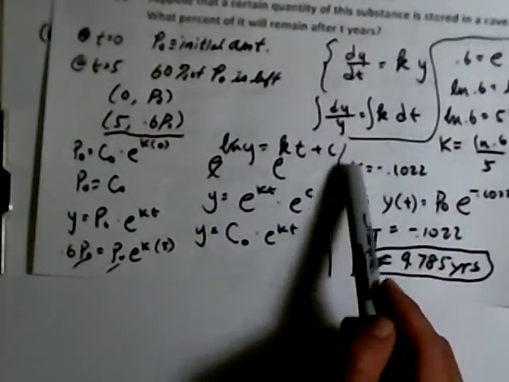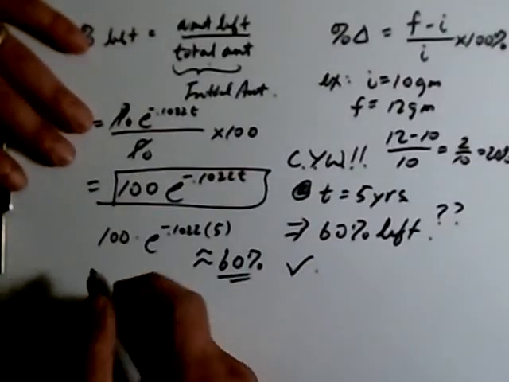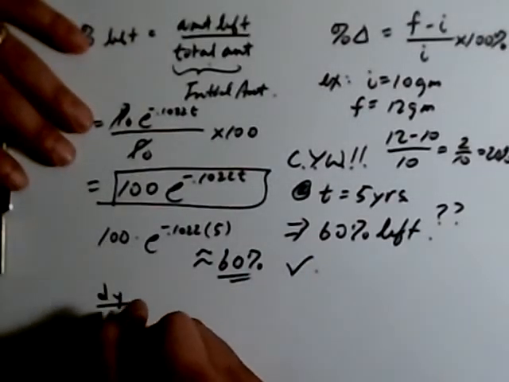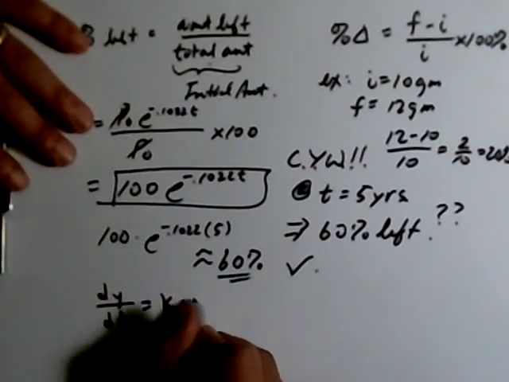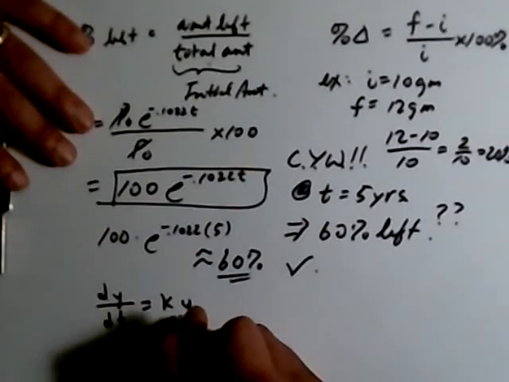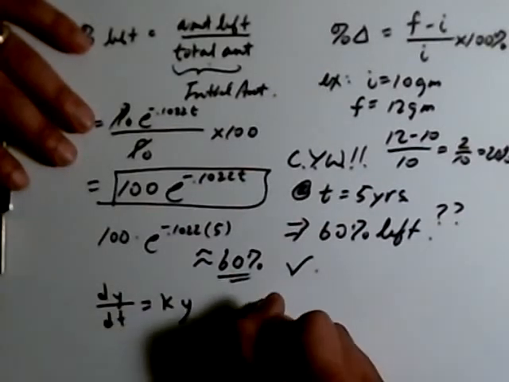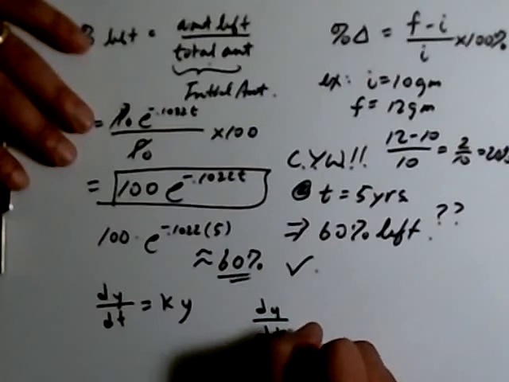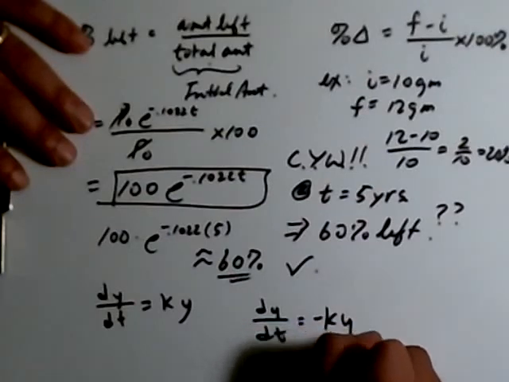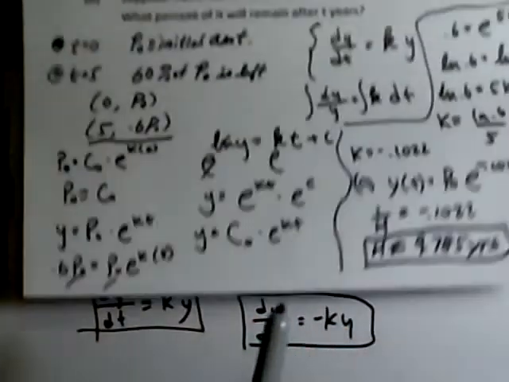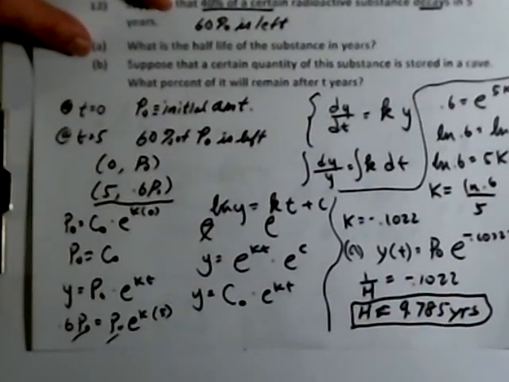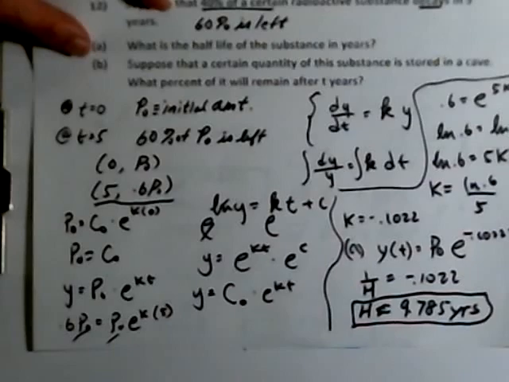So it really doesn't matter if you use the change in output over time is equal to some k times y, the amount is directly proportional to that amount, or if you go dy/dt is equal to negative ky. Doesn't matter which formula you use. These two points will actually compensate for your negative or your positive.